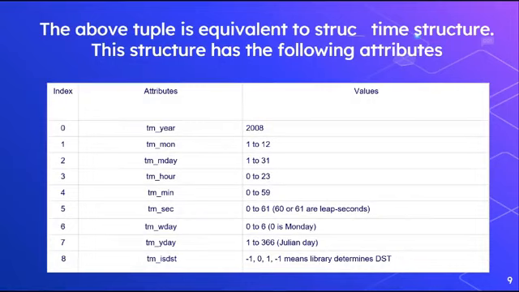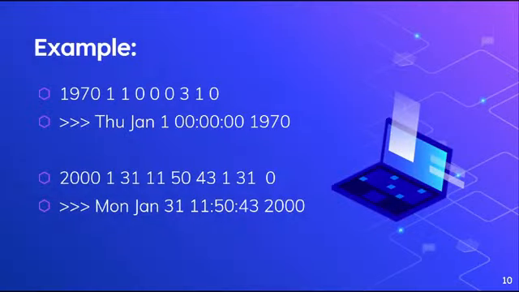Values can be accessed by index and by attribute name. For example, this moment, the epoch, is in the structure of a tuple or struct time. 1970 stands for the year, 1 stands for the month, 1 stands for the day, 0 stands for the hour, 0 for the minutes, 0 for seconds, 3 represents the day of the week, and 1 stands for the day in the year, and 0 is for daylight savings time, which is normal.